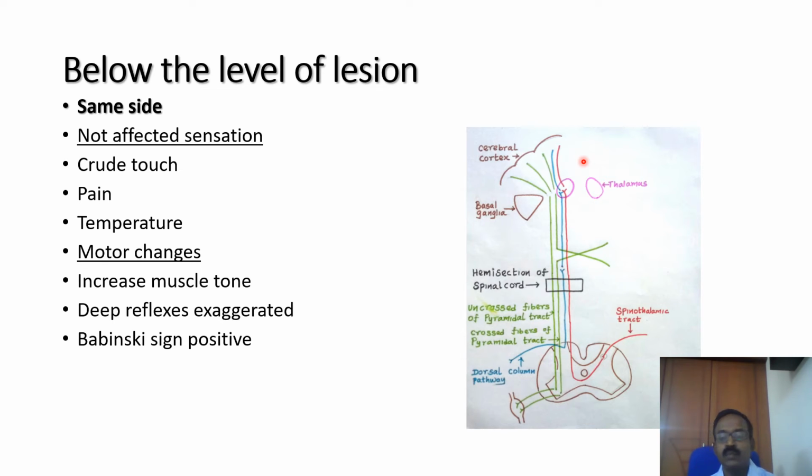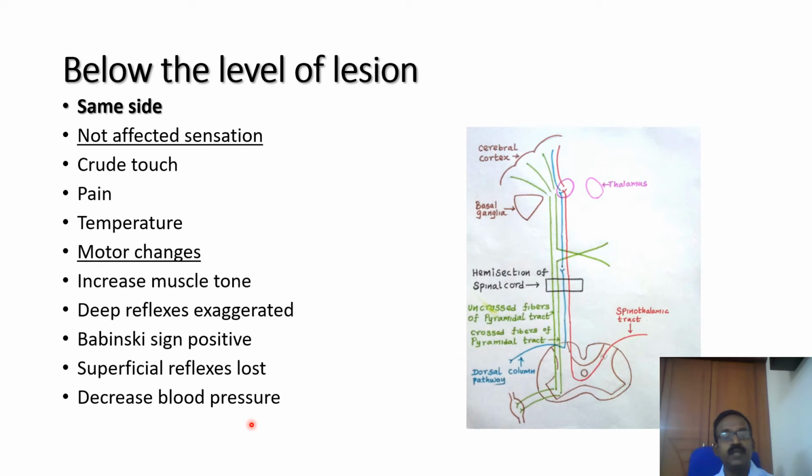It is one of the important features of an upper motor neuron lesion. Superficial reflexes are lost. So all the motor changes are similar to an upper motor neuron lesion. Below the level of the lesion, on the same side, motor changes are more prominent than sensory changes.